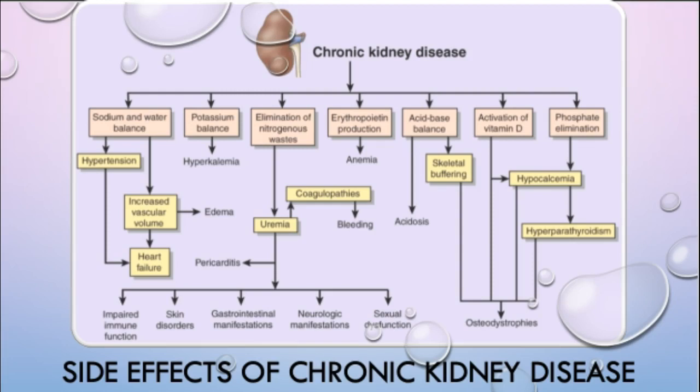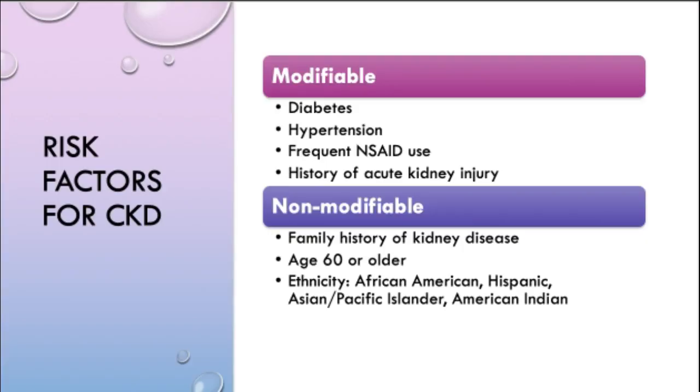So these are people that near the end stages, a lot of the times we are having to give them blood, but at the same time, we have to be very cautious when giving them blood, because we don't want to fluid overload them as well. And some of these patients will be on dialysis, and that adds another complicating factor to it as well. So we want to try to prevent the progression of chronic kidney disease as much as possible.